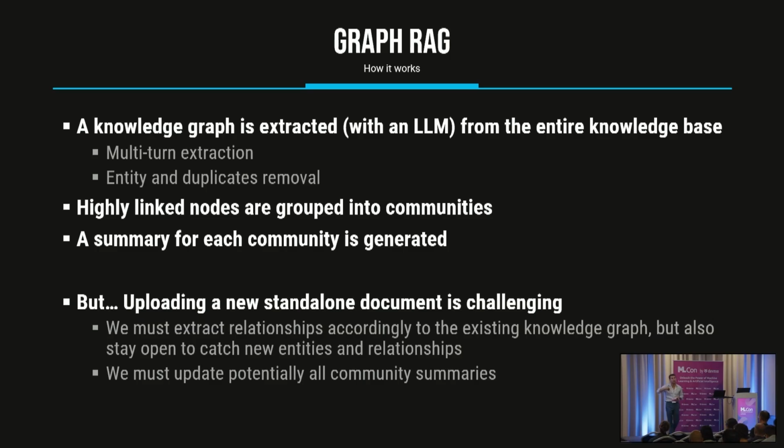Once a new document is inserted in the knowledge base, take care of that process. In fact, when you upload a new document, you should extract the relationships accordingly to the existing knowledge graph, but still stay open to catch new entities and new relationships. Striking this balance is not that easy.